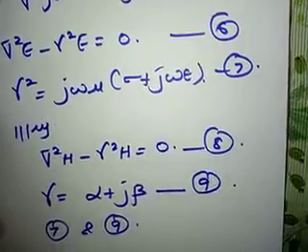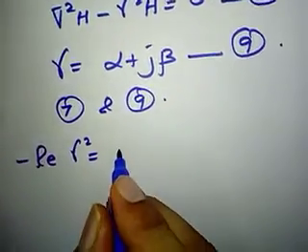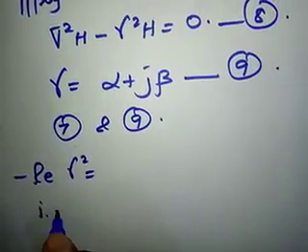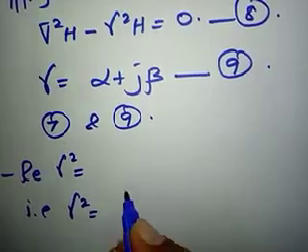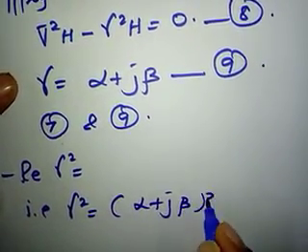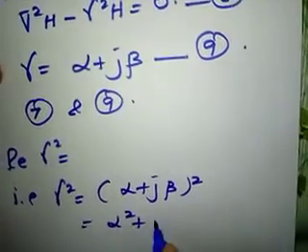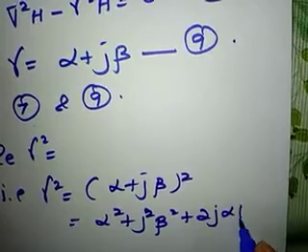So from these two equations I can write minus real part of gamma square. What is gamma square? Alpha plus j beta, the whole square, so this will be alpha square plus j square beta square plus 2j alpha beta.